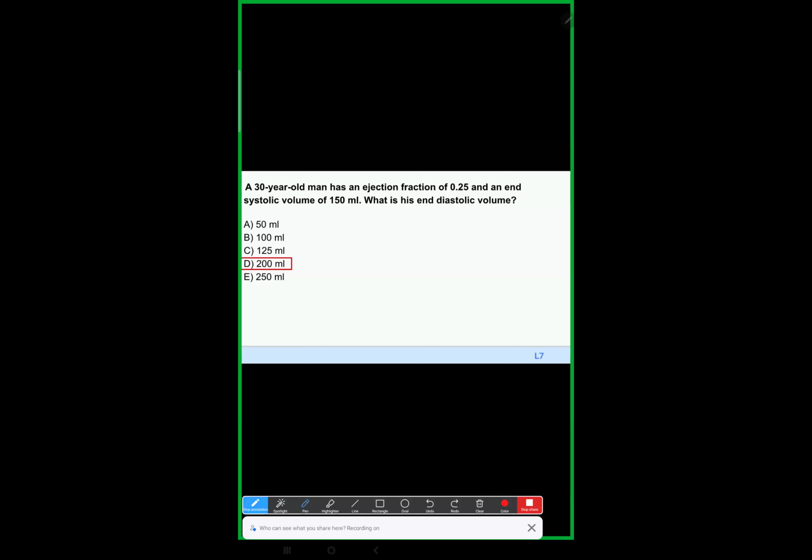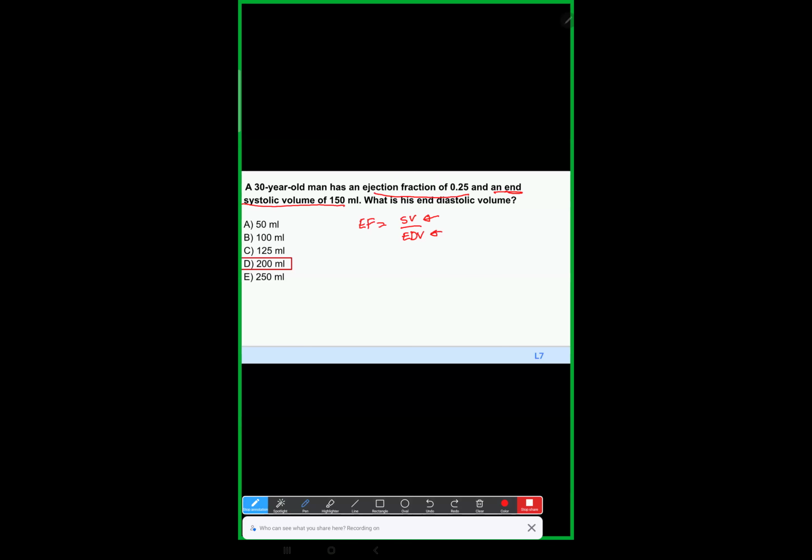So essentially, to calculate this, you need to know two different types of equations. The first equation is for the ejection fraction. So ejection fraction is equal to the stroke volume over the end diastolic volume, okay? But we know in this question, it gives you the ejection fraction and it gives you the end systolic volume. But the two values that are unknown are the end diastolic volume and the stroke volume.